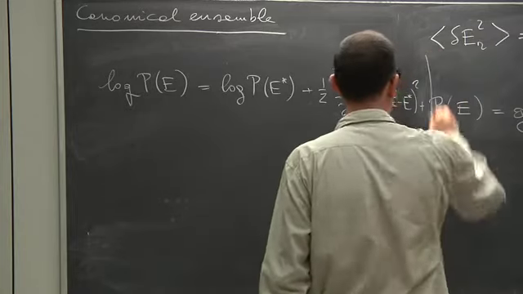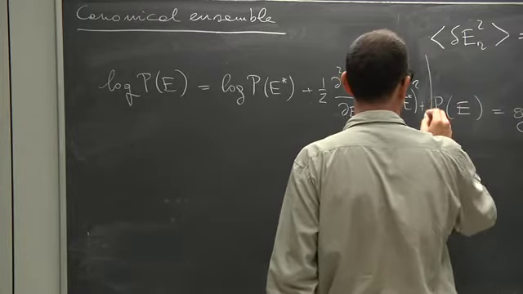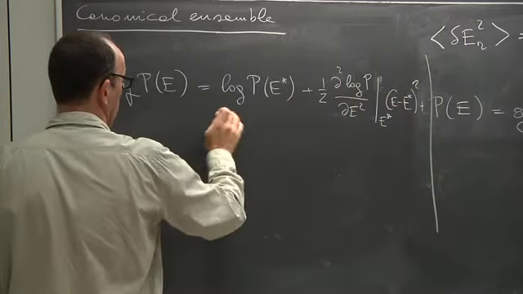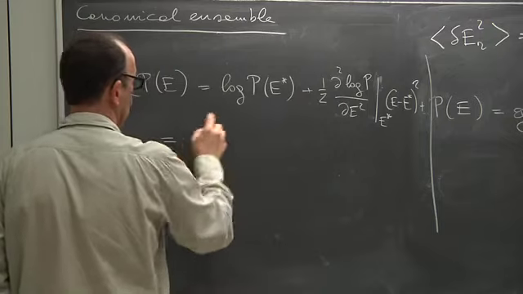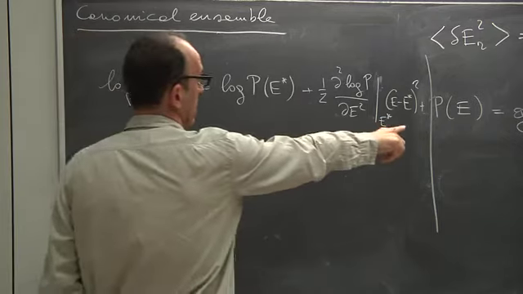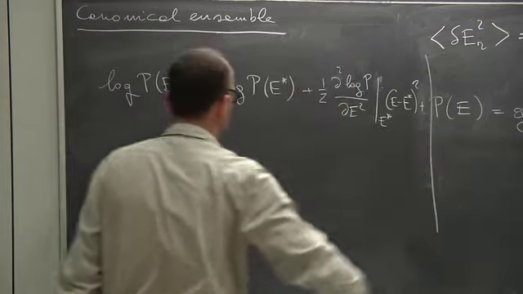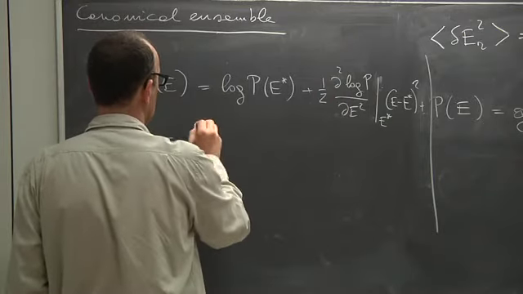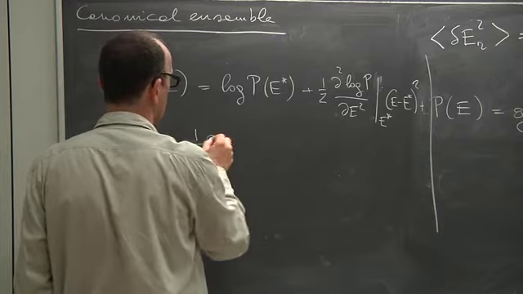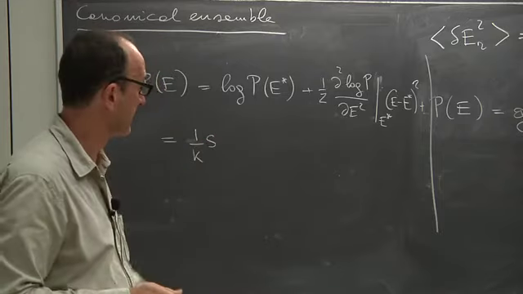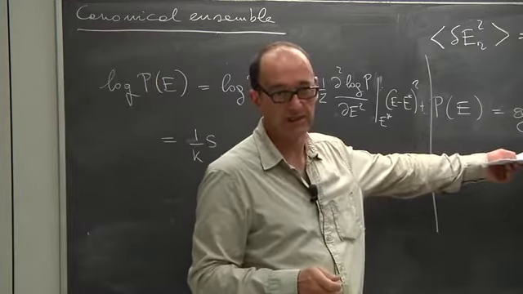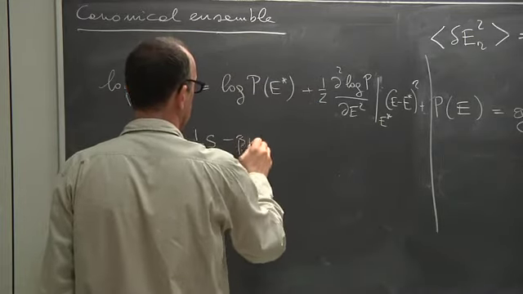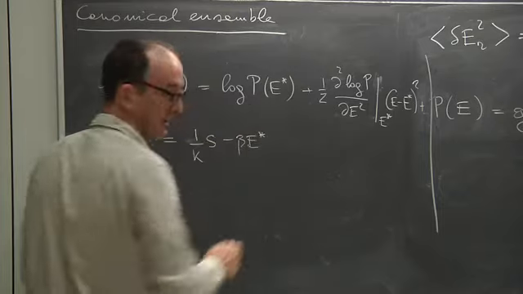So the first thing is this one: there is the log of G of E star, which is 1 over k times the entropy. Then there is minus beta times the energy.